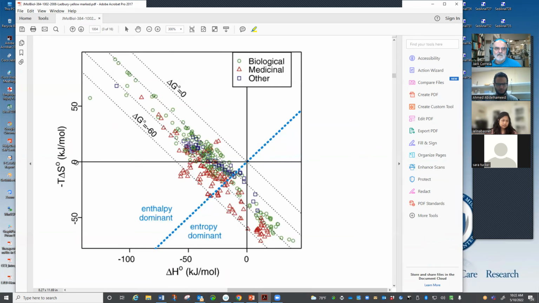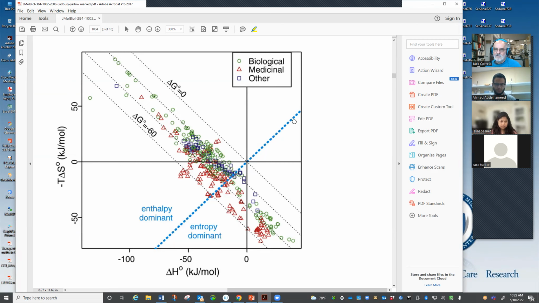If it's negative here, minus T delta S negative, so that would mean a positive delta S is favorable, then this would be favorable below this line. So all the data below this line is entropically favorable. And then all the enthalpy data to the left of this zero line is enthalpically favorable.